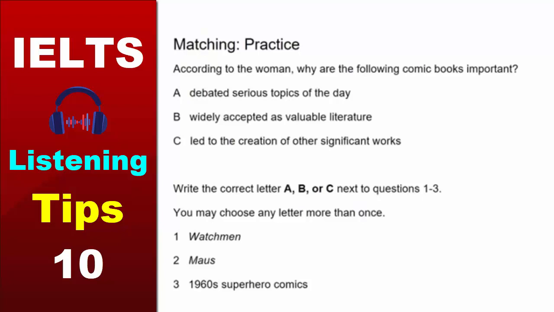Okay, so we have in the question, according to the woman, why are the following comic books important? All right, so definitely underline the word important and comic books, okay? And this is according to the woman. Possibly that might make a difference.